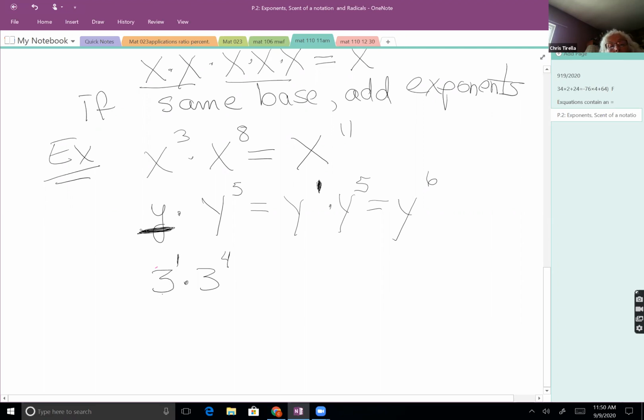So I'm taking 3 to the first times 3 to the 4th. Are my bases the same? If they're the same base, I keep that base. So that gives me 3 to the 5th. The 5th power, if you multiply 3 by itself 5 times, I do believe you're going to get 243.